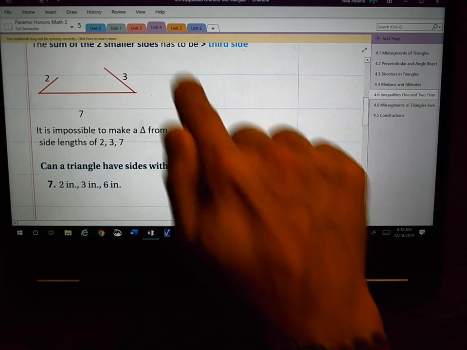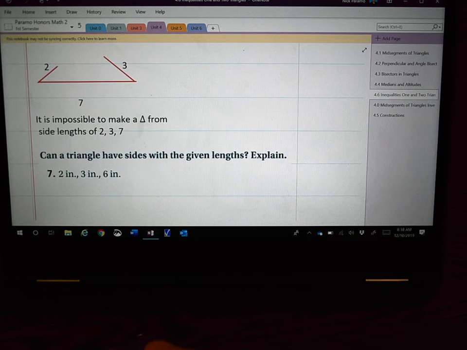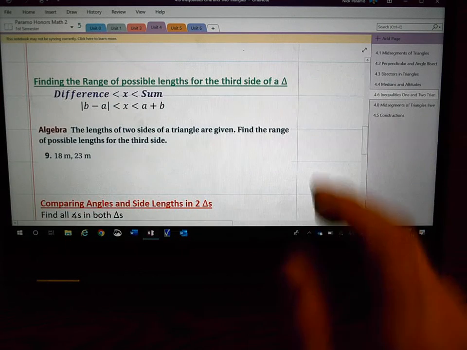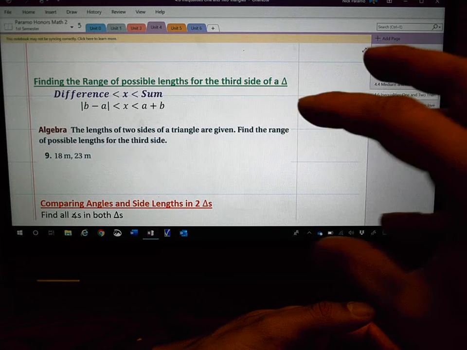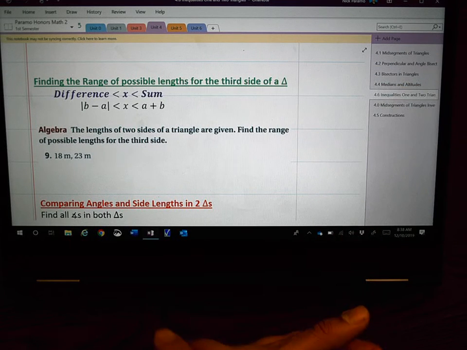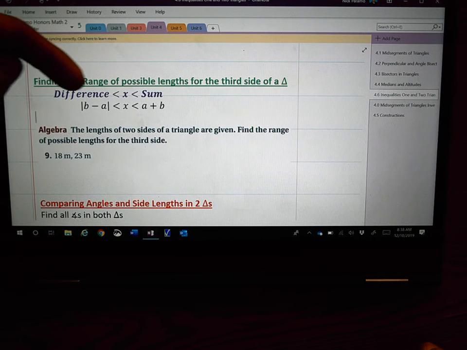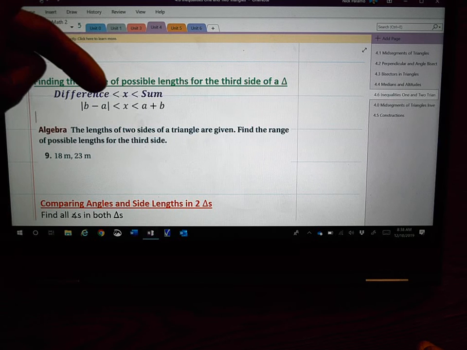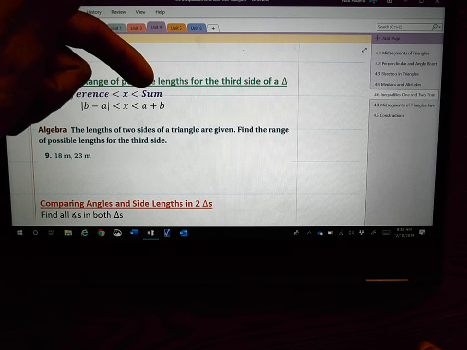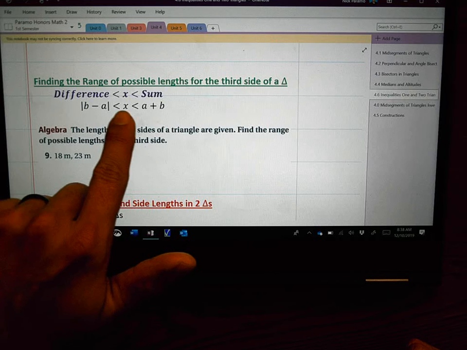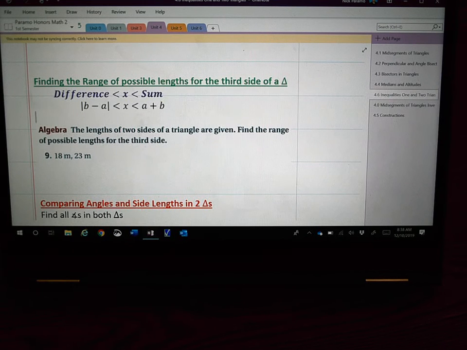We also use inequalities to tell if we could make a triangle. We could even figure out what the range of possible values would be for the third side of a triangle using inequalities. That's just merely putting the difference of the two numbers on the left-hand side and the sum of the two numbers on the right-hand side and saying your x value is in between the difference and the sum.